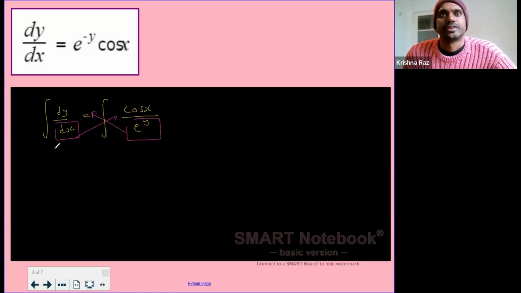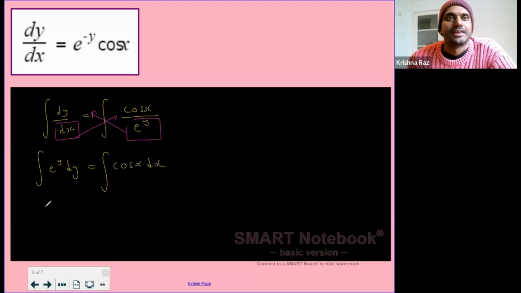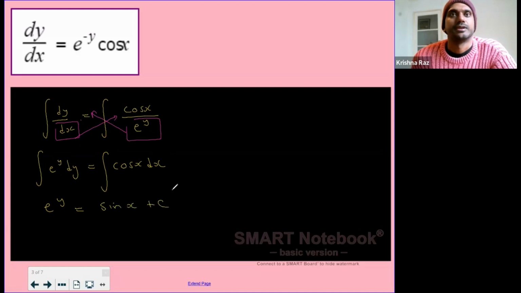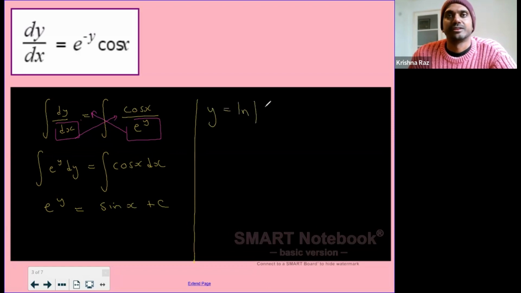So what I end up with is the integral of e to the y dy equals the integral of cos x dx. Therefore, e to the y equals, so if we look at cos, sine differentiates to cos, so cos must integrate to sine with there not being a sign change. Sine x plus c. Well, if I want to make y the subject, y will be ln of everything there.